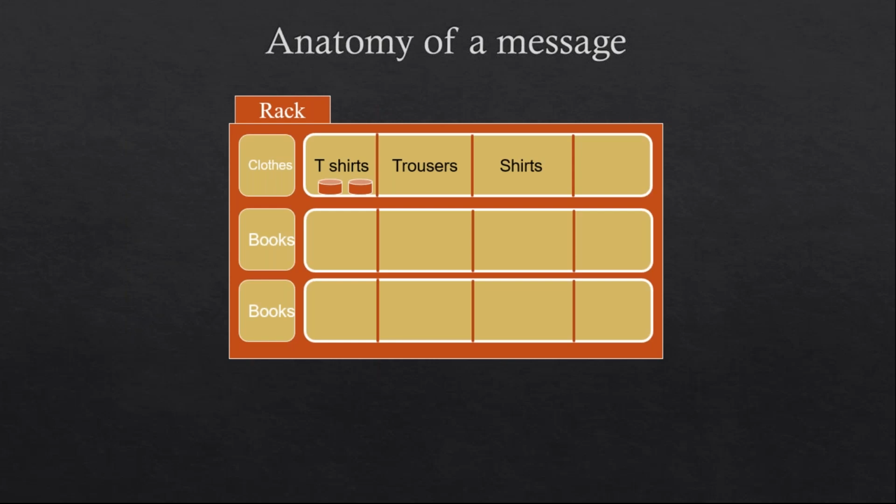Now if you observe, there is no communication between these two persons on where the location is, where he put his t-shirt. But whoever was in the house knows that the t-shirts are present in the first compartment of the first rack, which is why the person at home was able to go out and grab the t-shirt and give it to the second person who is out there.